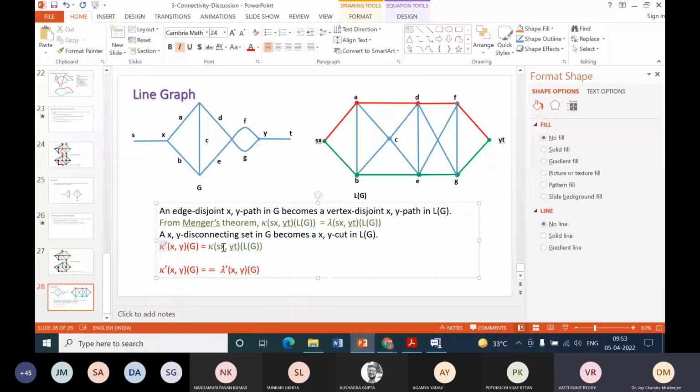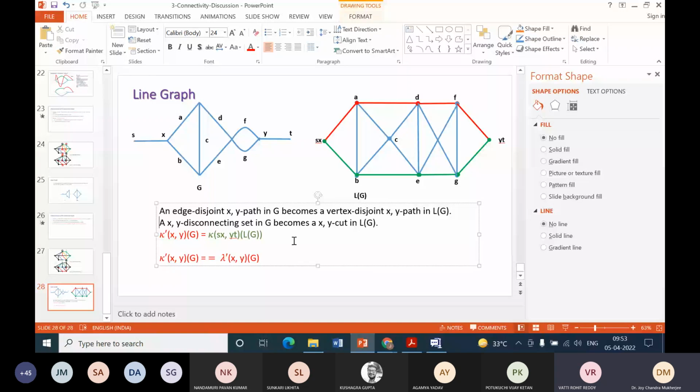Now from Menger's theorem, I can write that chi sx yt in LG is equal to lambda sx yt in LG. They are the same. Now what is this lambda? This lambda says that it is the number of vertex disjoint xy paths.